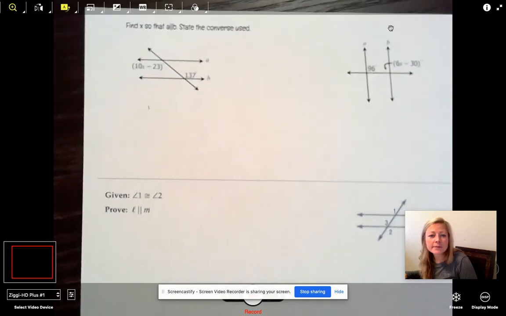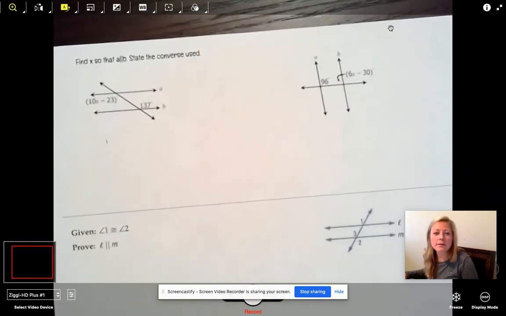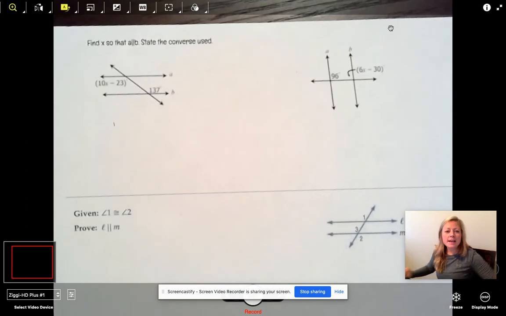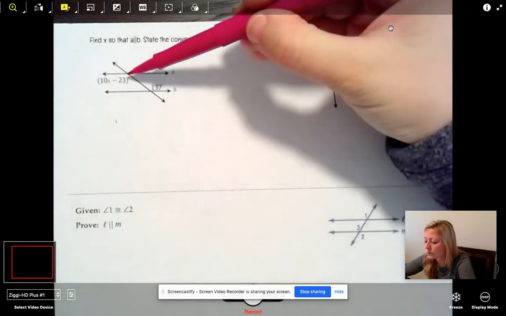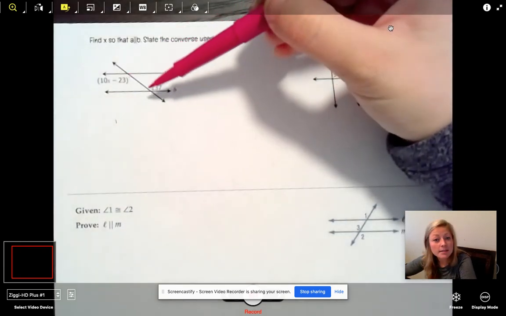Let's see what's going on. It says find x so that line A is parallel to B. State the converse used. That is easy peasy for us to do. So on this first example on the left here, we are wondering what kind of angles these are.